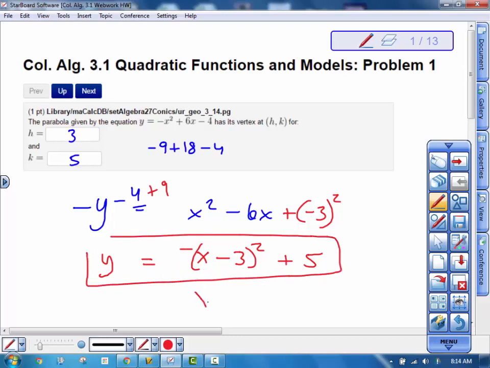And in vertex form you can easily see x minus h squared plus k. You can see that h is 3 and k is 5 that way. There's vertex form. So completing the square is not something you're going to have to know how to do for now, but later in this class you will. If you want to do it now, that'd be fine.